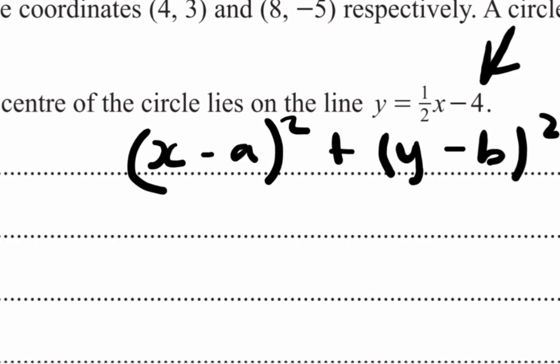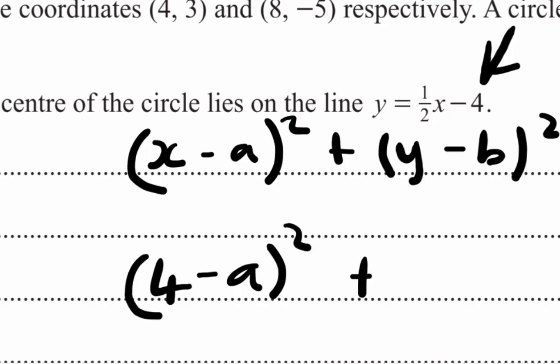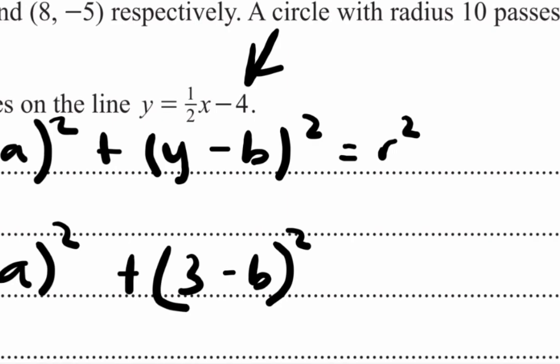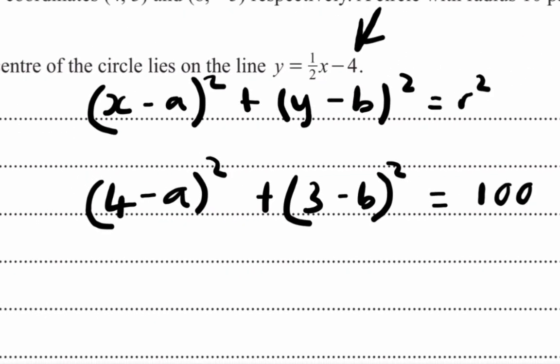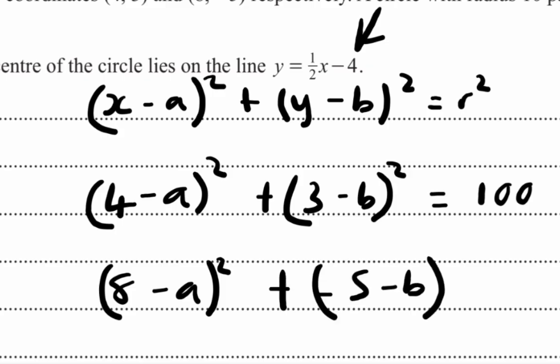So x is 4 there, so 4 minus a squared plus y, which is 3 minus b squared, should give us r squared, which is 10 squared, 100. And for the other one, we're going to say 8 minus a squared plus minus 5 minus b squared should also give us 100.